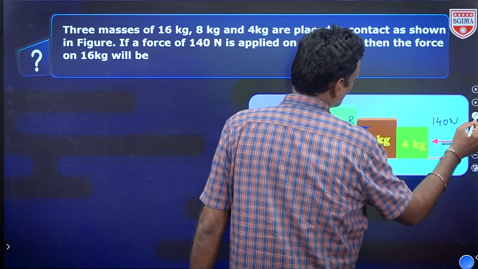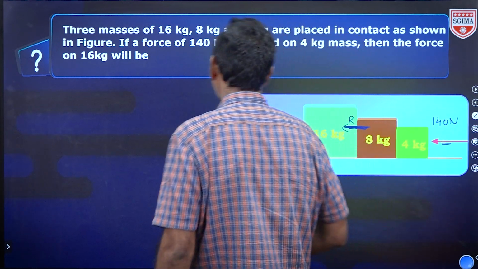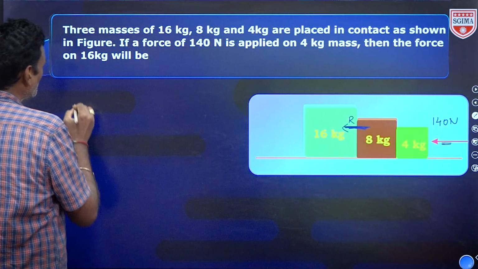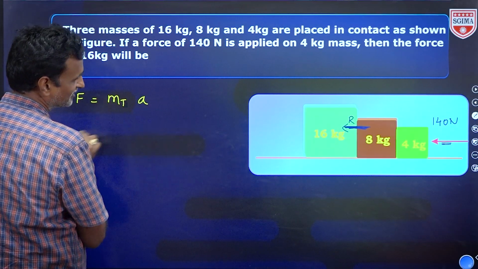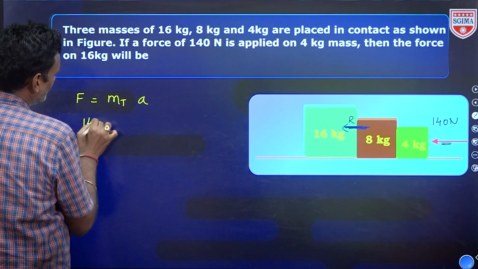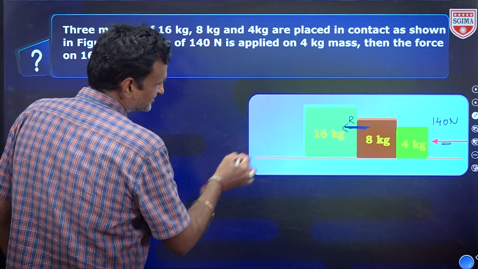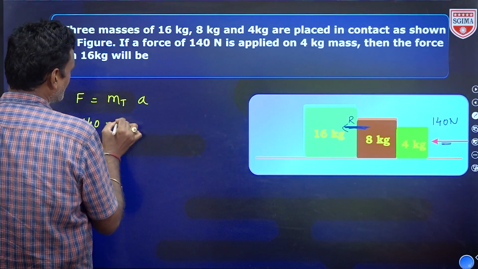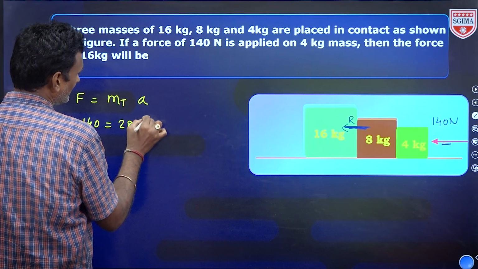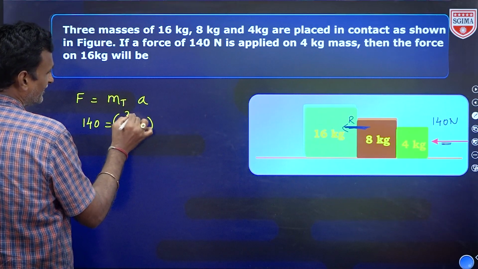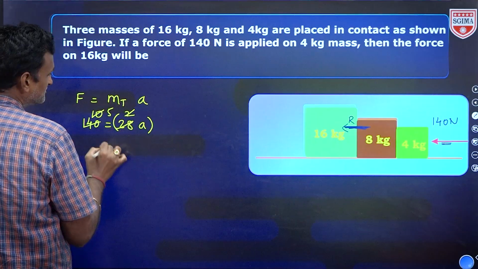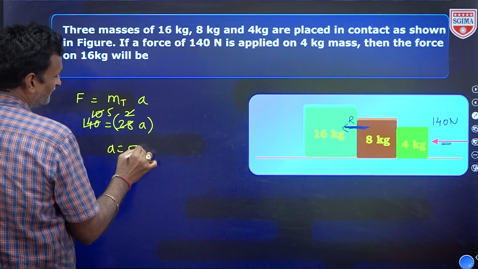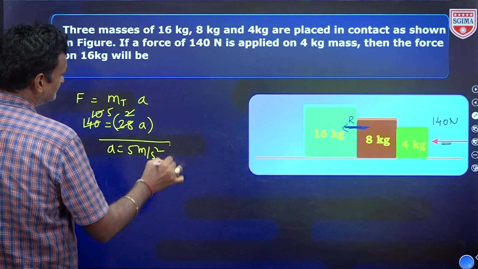That R needs to be found, but before finding R, we need to take total force equal to total mass into acceleration. So 140 equals 16 plus 4, 20, 20 plus 8, 28 into acceleration. 14 twos are 14, tens are 2, ones are 2, fives. Acceleration equals 5 meter per second square.